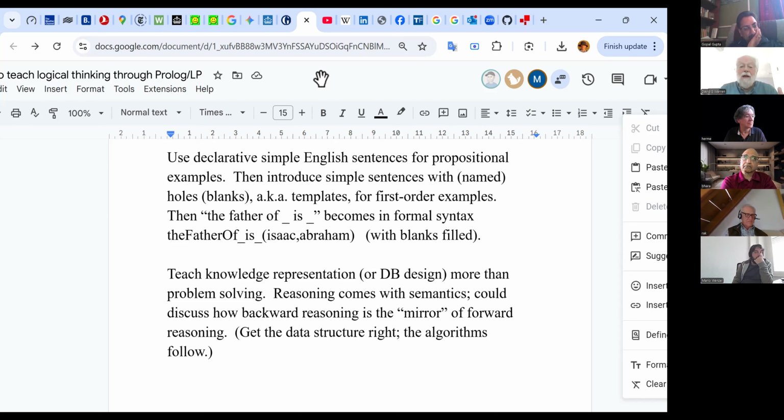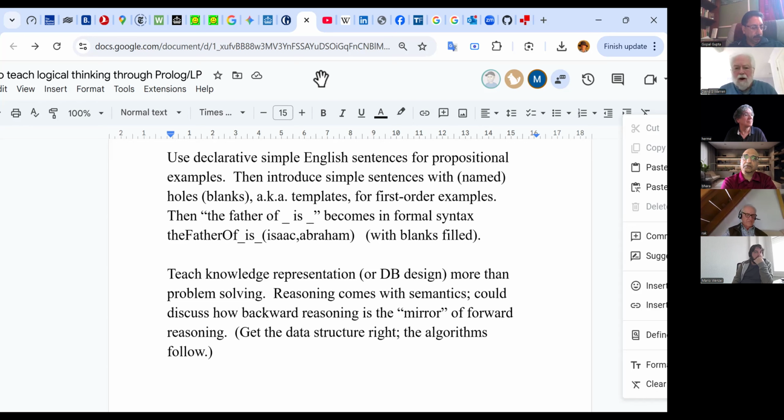And so then, instead of writing the father of David is Henry, you pull this template in front and call that the predicate, and then you put the blank fillers after. You call those the arguments, the objects.